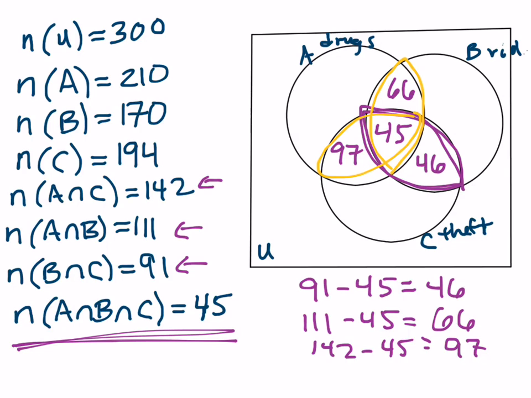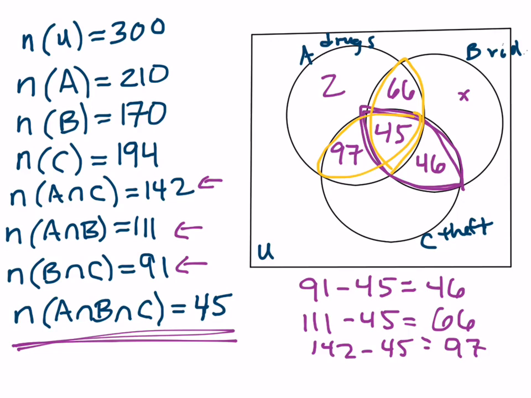So how would we find the number of people who were arrested only for drugs? Well, we know that there are 210 people total arrested for drugs. That represents all of circle A. So we're just going to use subtraction again. If you subtract the three numbers in the three regions of A that we already have, subtract 66, 45, and 97, that tells you that there are 2 people left who committed only drug-related crimes.